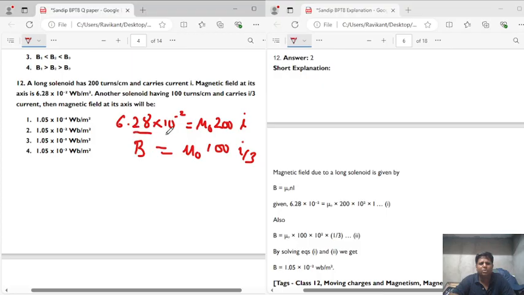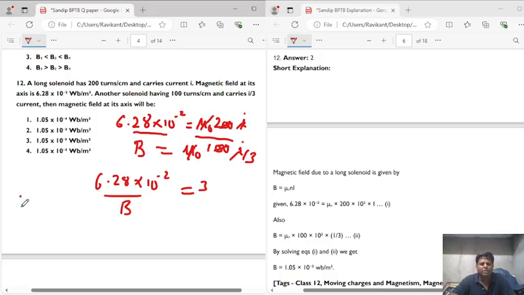So dividing both the equations, mu naught cancels with mu naught, this 100 cancels with this 200, I cancels with this I, and we get 3 over here. So what we are left with is 6.28 into 10 to the power of minus 2 upon B is equal to 3.